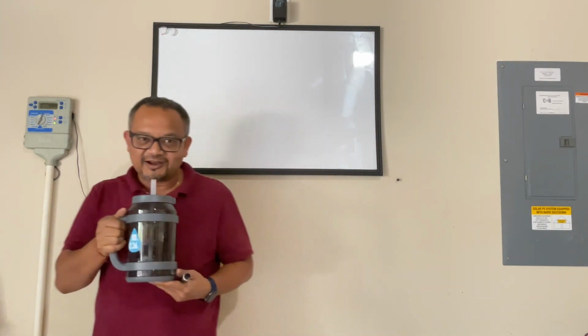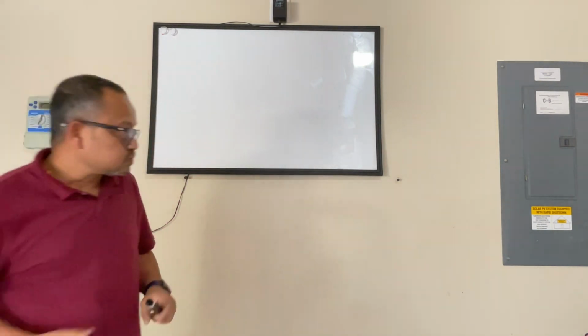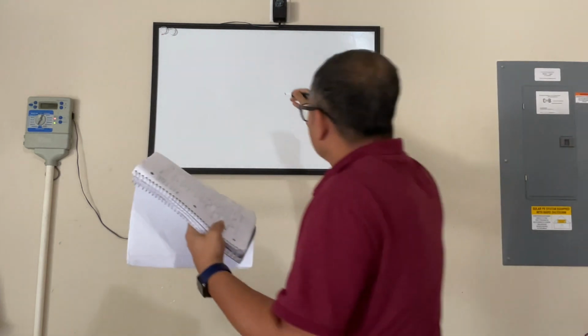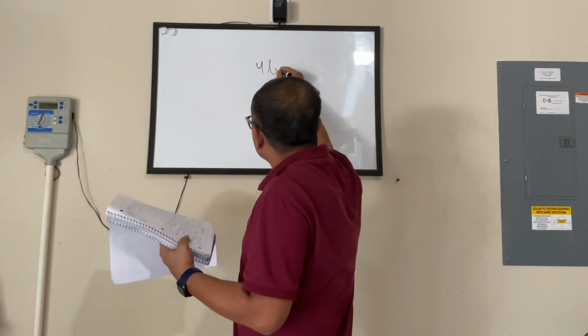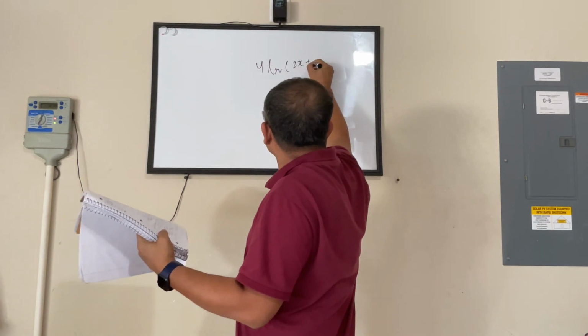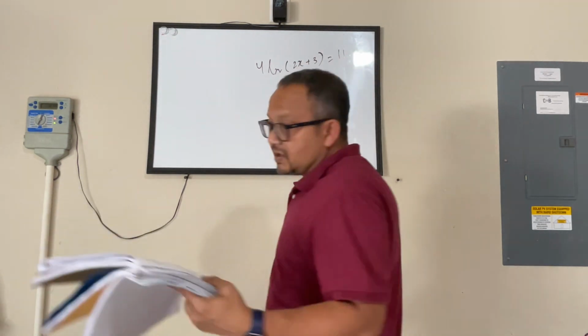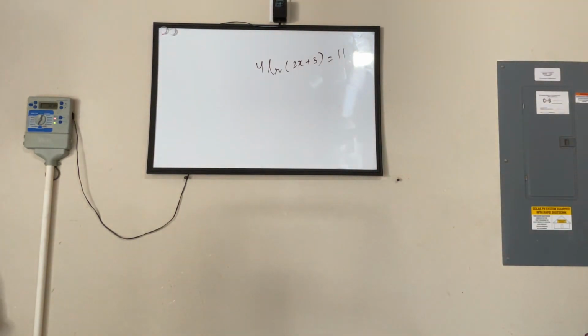Let's see how close it gets. 4 ln(2x plus 3) equals 11. You have to solve it for x.